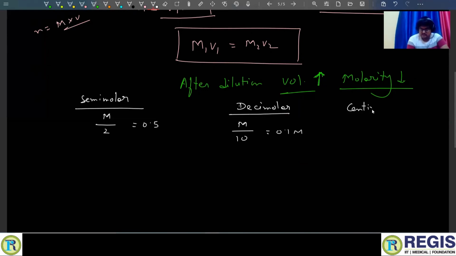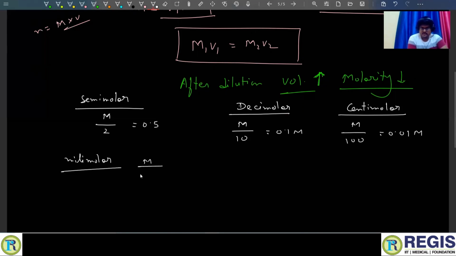Centimolar is given, which is M by 100, that means 0.01. And millimolar is given, which is M by 1000, that means 0.001. Okay.